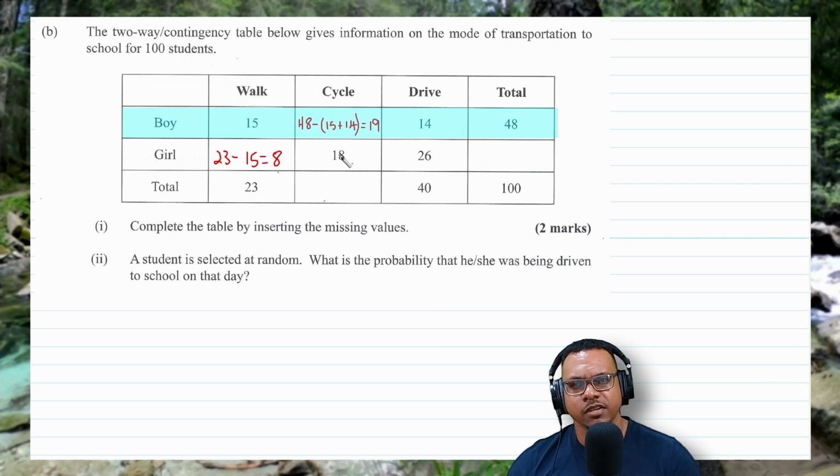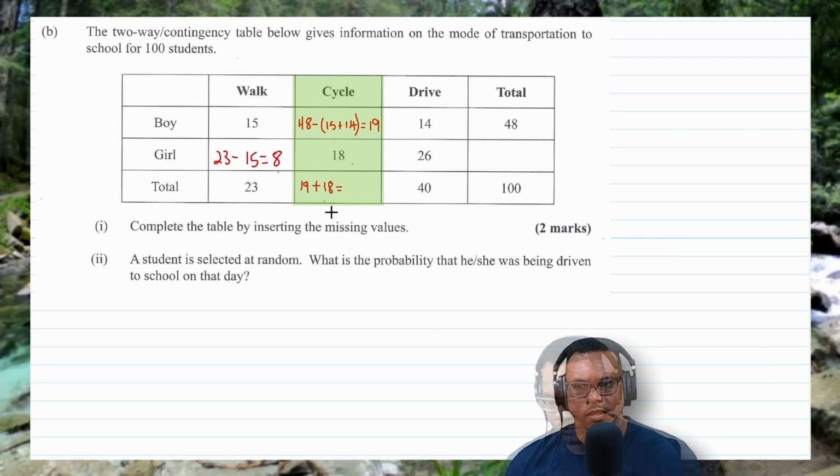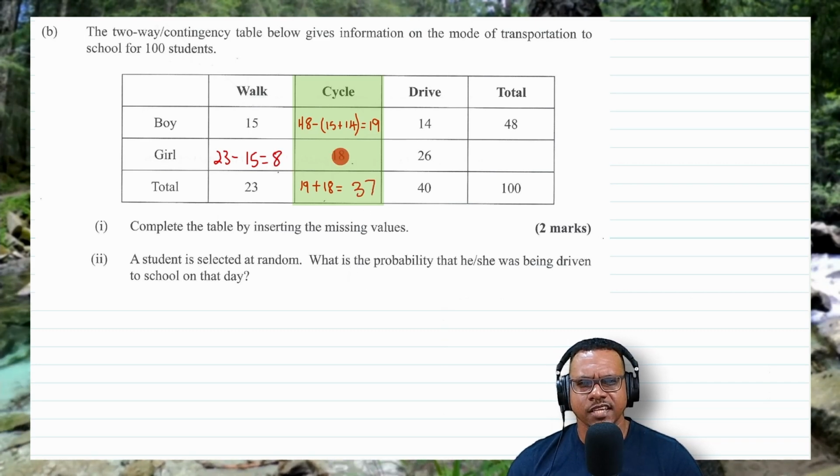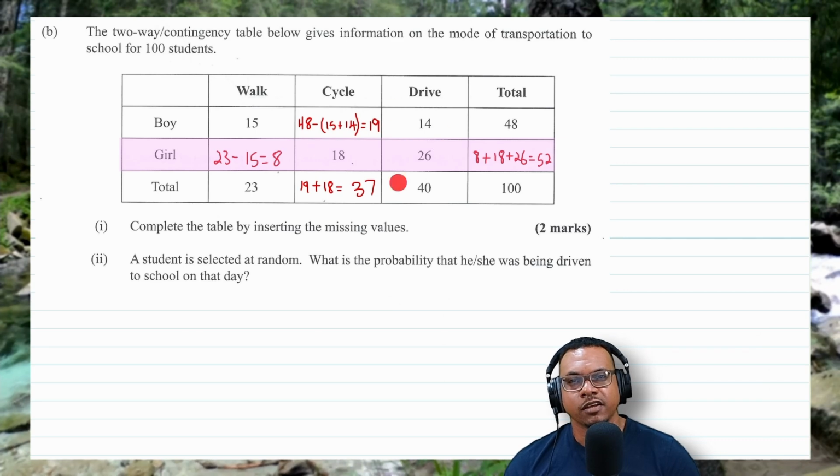And now we have 19 plus 18, which will give us what's missing here, and that will be 37. And now we'll have 8 plus 18 plus 26 to give us what's missing here. Well, this is your table completed.